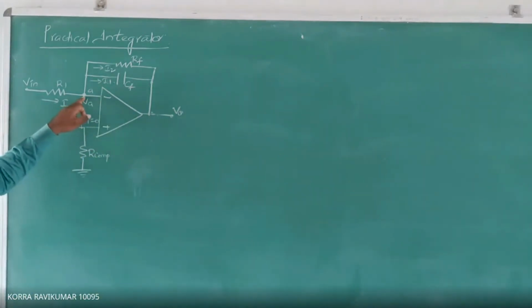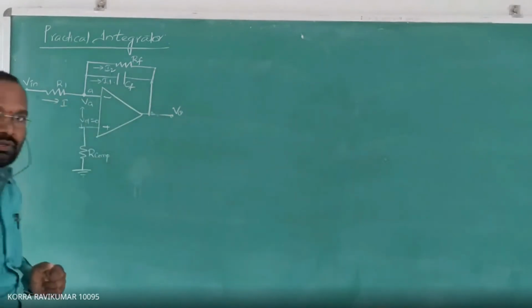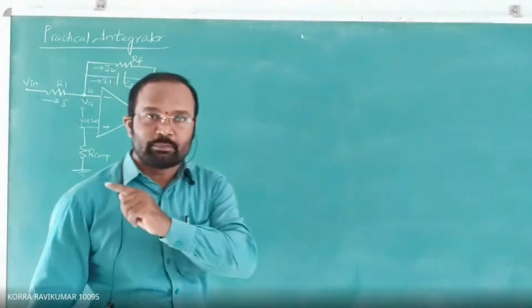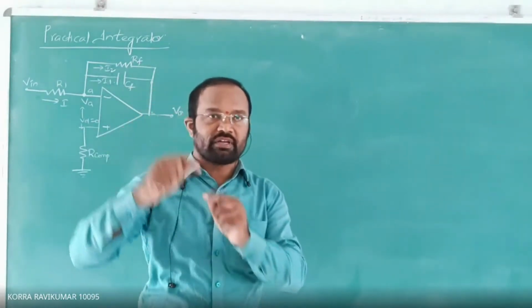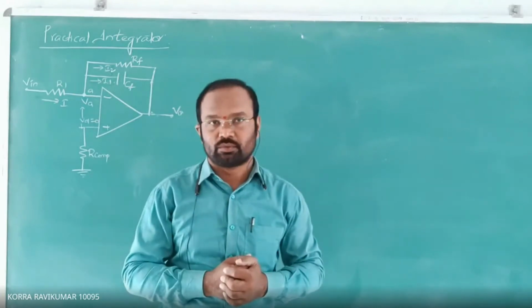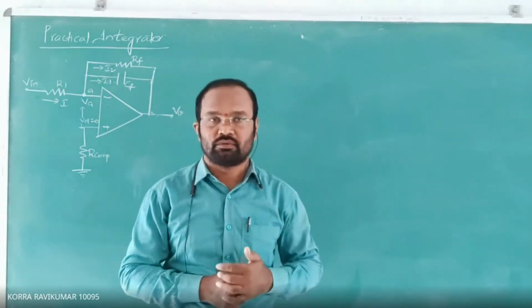If you apply the KCL rule at this node, what is the KCL rule? Kirchhoff's current law: the sum of currents entering the node equals the sum of currents leaving the node, moving away from the node.